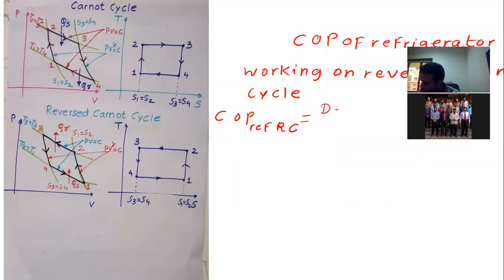The formula for COP is given by what desired effect you want, divided by what work you supply, the work input. COP is given by desired effect upon work input. Is that okay?